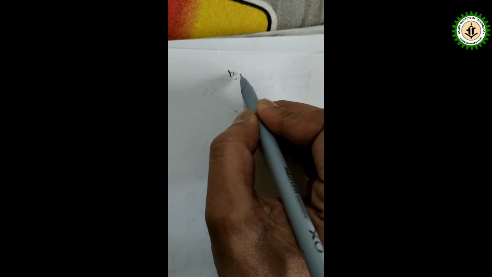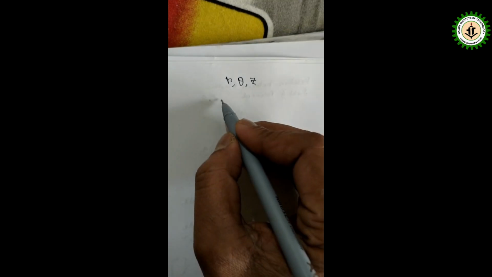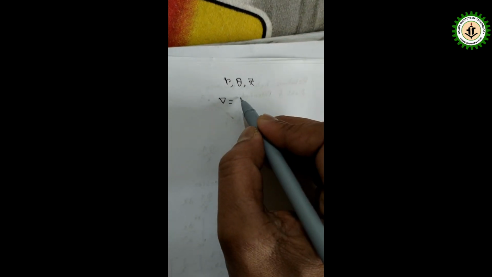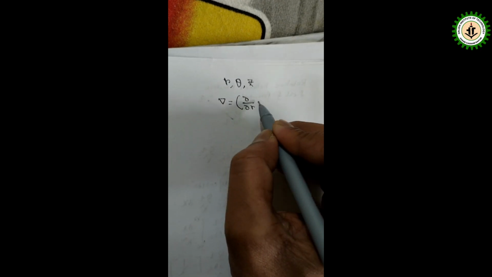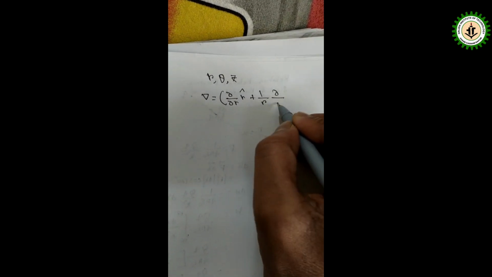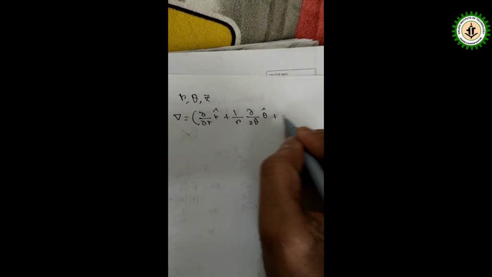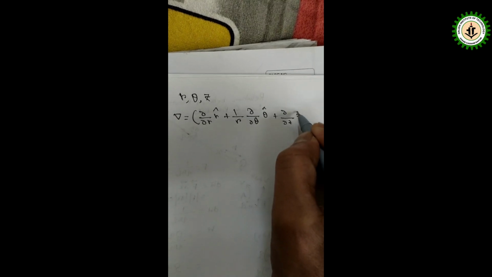Okay, but instead of Cartesian, if I consider a cylindrical coordinate system, then there will be a change in the gradient operator, because in cylindrical coordinate system, if I consider the parameters r, theta, and z, then the gradient operator will be del of r along r direction plus 1 by r del of theta along theta direction plus del of z along z direction.